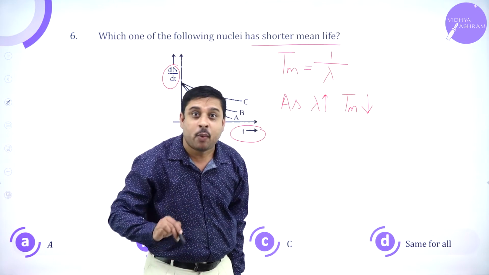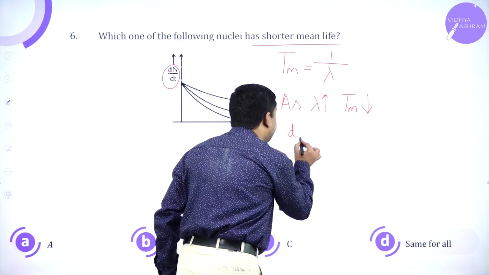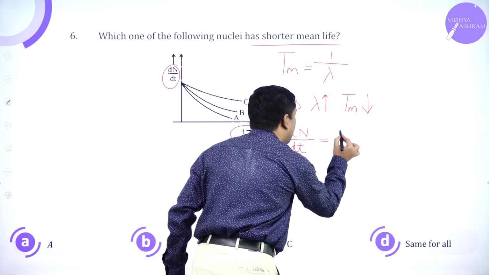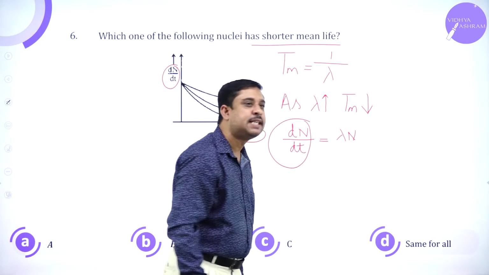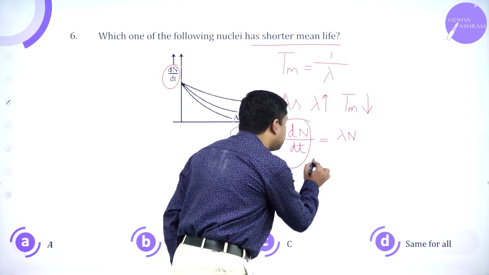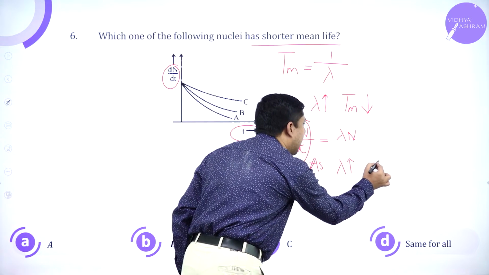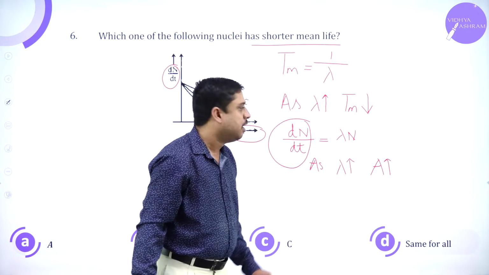How do I equate this with activity? I know dN by dt is equal to lambda N. This dN by dt is activity. So, as lambda increases, activity increases.